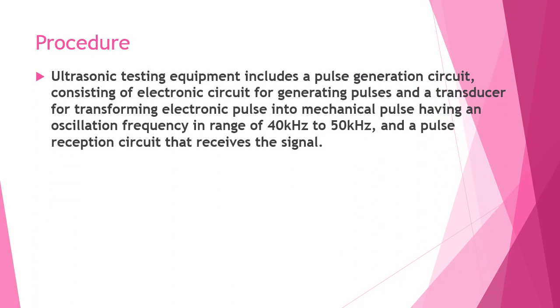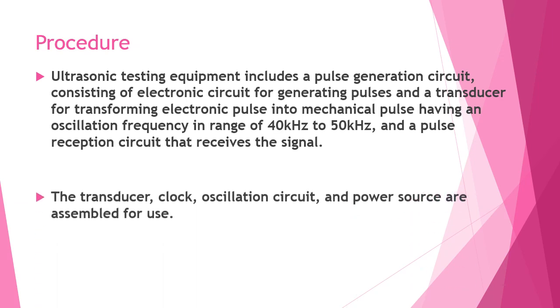Procedures. Ultrasonic equipment includes a pulse generation circuit consisting of an electronic circuit for generating pulses and a transducer for transforming electronic pulses into mechanical pulses, having an oscillation frequency in the range of 40 kHz to 50 kHz, and a pulse reception circuit that receives a signal.